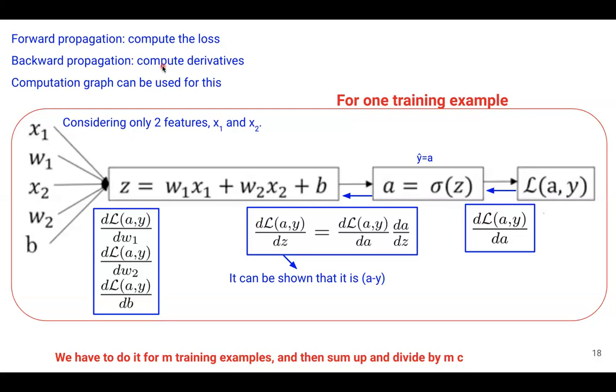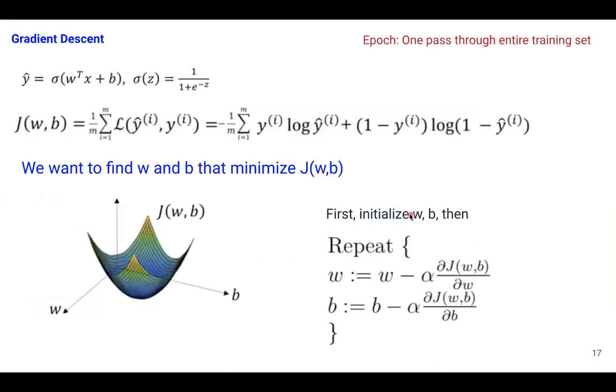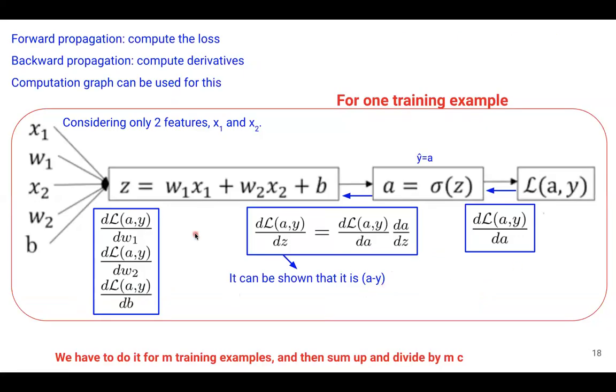Then backward propagation is the computation of the derivatives. In the last slide, I discussed that once you have computed the loss function and the cost function, you have to compute the derivatives and, in an iterative way, try to go to the minimum. That part is called backward propagation, because now you are starting from the loss and going as if towards the left.